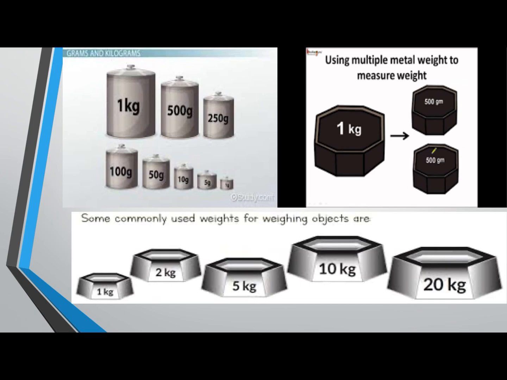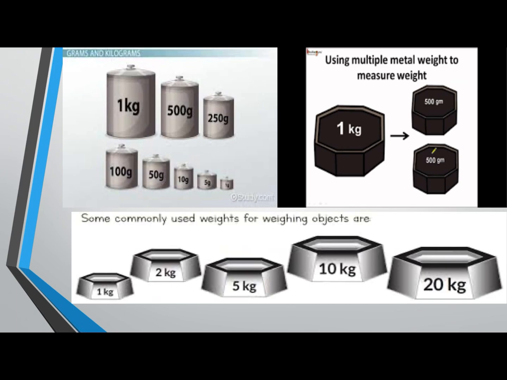Now children, look at this picture. These are the weights, in grams and kilograms. The first one is the 1 kg weight, then 500 gram weight, 250 gram weight, 100 gram weight, 50 gram weight, 10 gram weight, 5 gram weight, 1 gram weight. According to the object's weight, you have to put the weights like this.